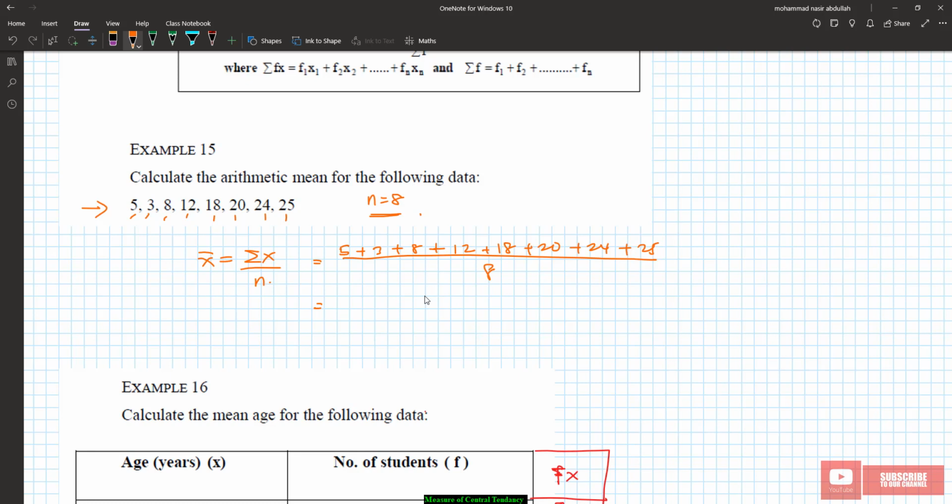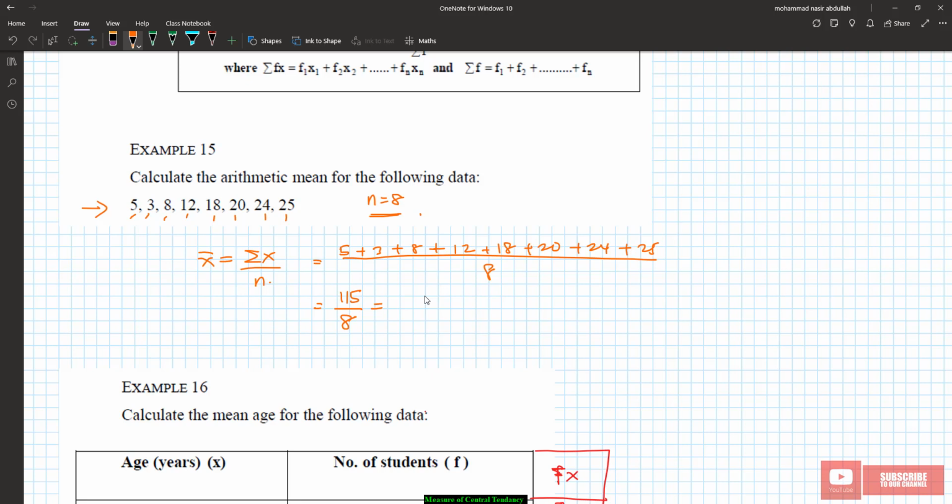So you will get the value of the mean. Can you do a summation for me? So it should be 115 divided by 8.